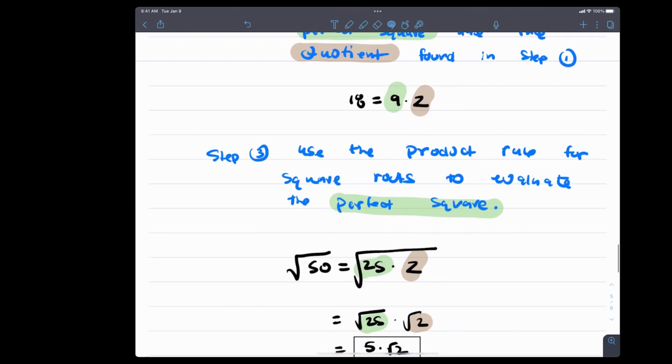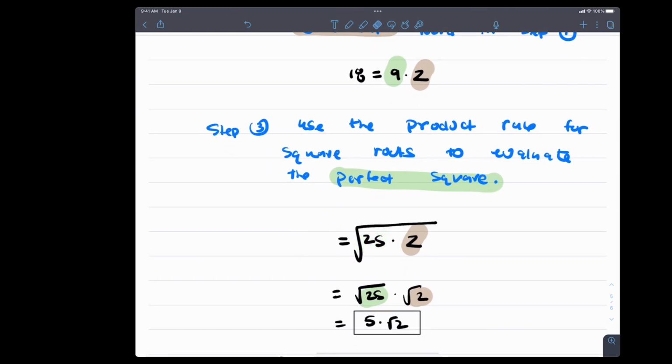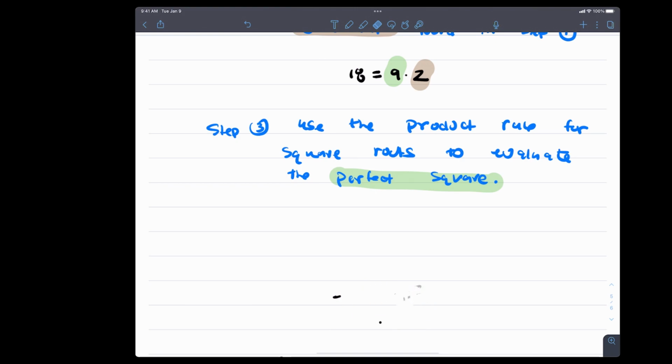Remember, what do you do now? Square roots, right? What's the square root of 18? It's 9 times 2. 9 is the largest perfect square that goes into 18.